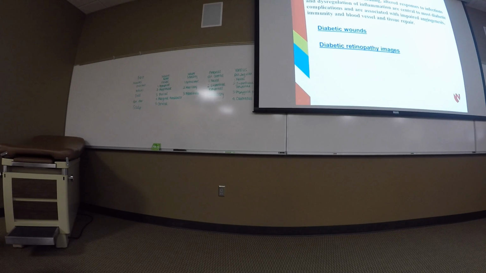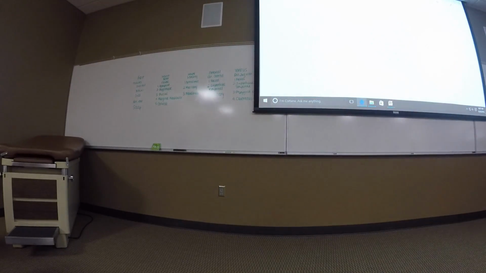So poor wound healing, poor tissue healing, altered responses to infections, and dysregulation of inflammation are central to most diabetic complications. There's impaired angiogenesis, that means formation of new blood vessels, impaired immunity, and impaired blood vessel and tissue repair. So you never know what Google images are going to pull up.